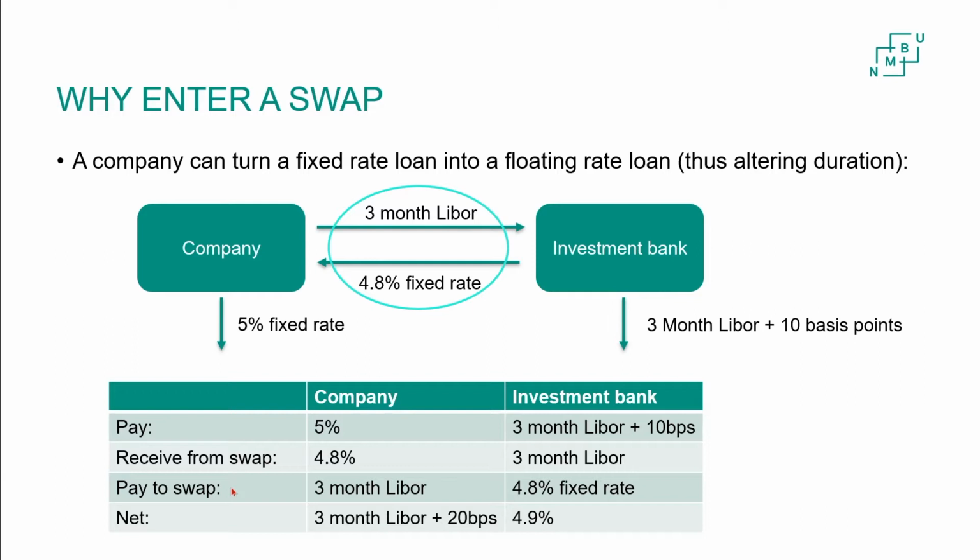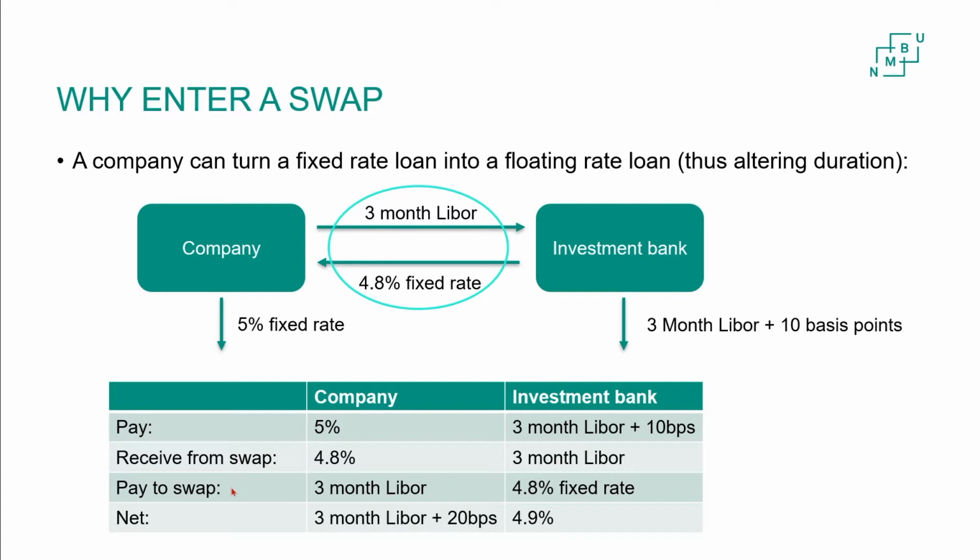Or you can swap two floating payments, for example, in different currencies. But the most usual reason to enter a swap is to swap a fixed leg for a floating leg.